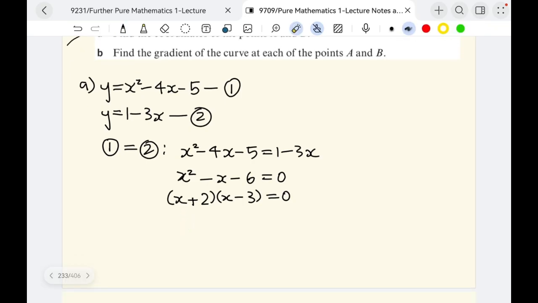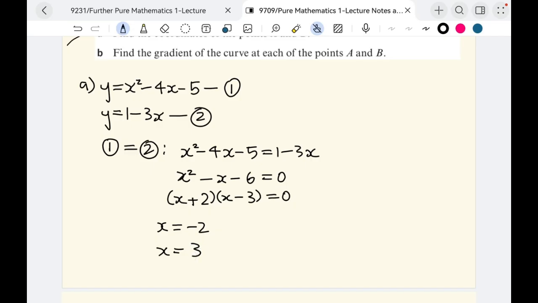Okay, because x times x is x squared. When you expand it back into this expression, -3x and plus 2x gives -1, and 2 times -3 is -6, correct. So by right, your x coordinates are -2 and 3.